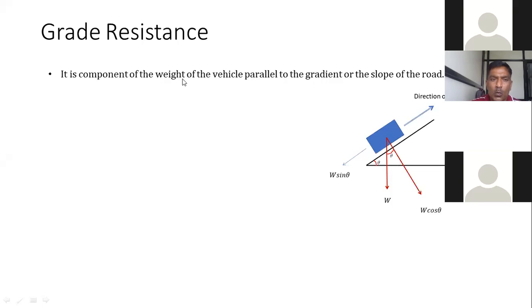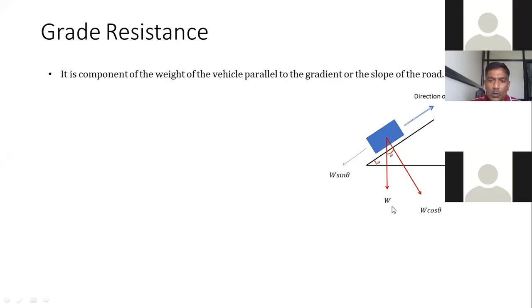So what is this grade resistance? It is the component of the weight of the vehicle parallel to the gradient or the slope. This one is the slope. We need to find out the component along this line.